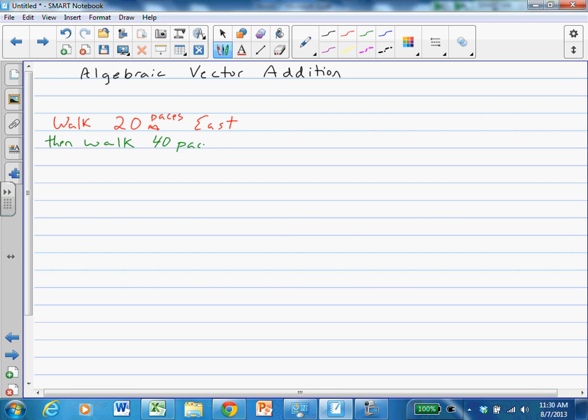Well, with a north-east sort of system here, our path might look something like this. 20 paces east, and then 40 paces north.